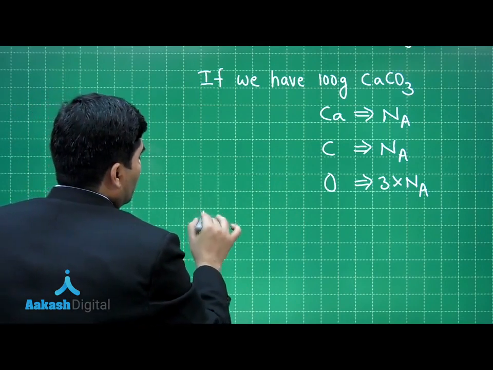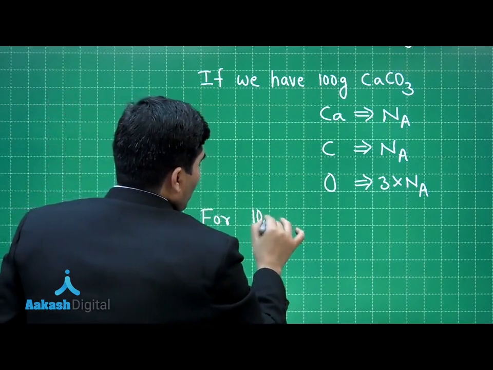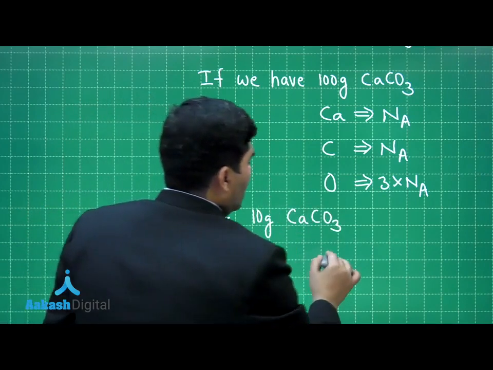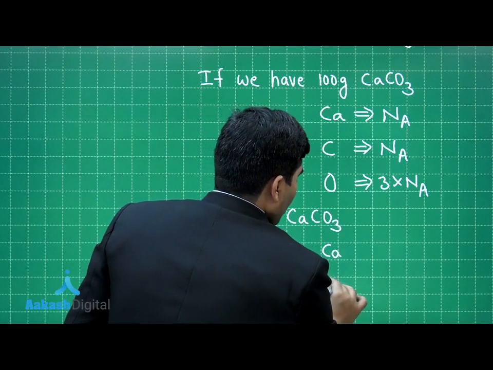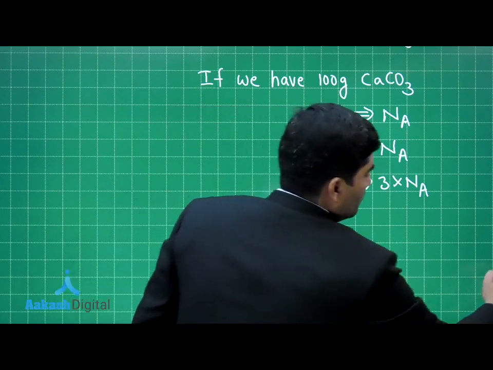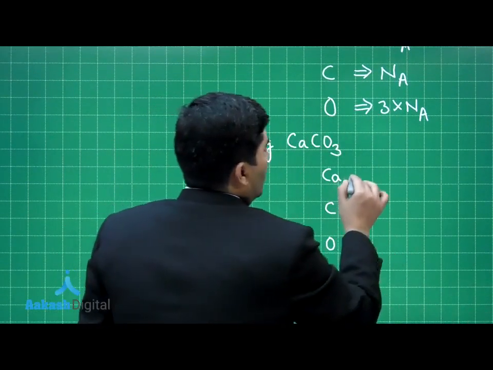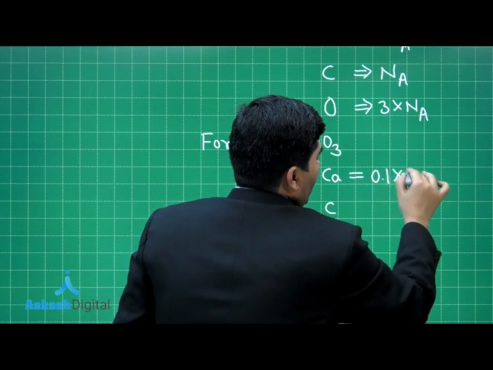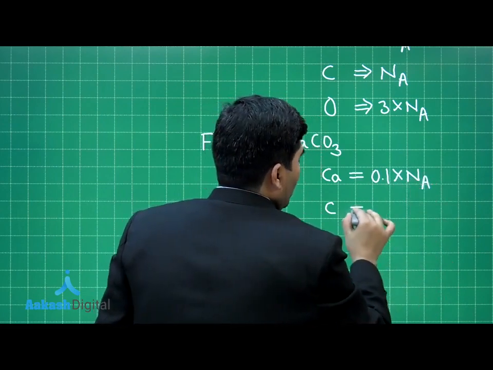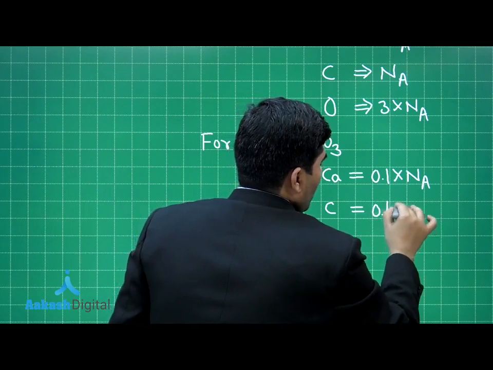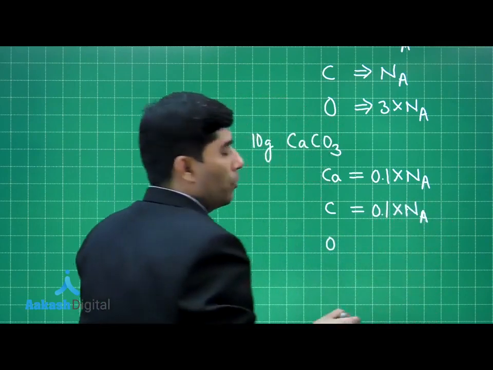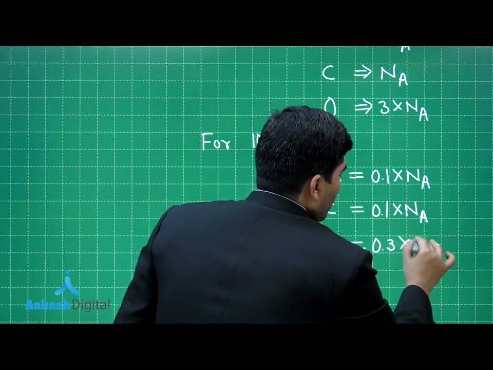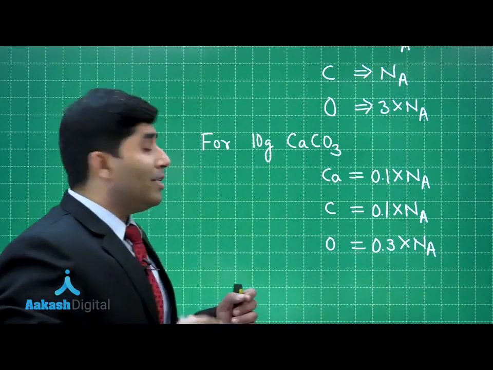Therefore for 10 gram of calcium carbonate, again calcium, carbon and oxygen, the number will be equal to 0.1 into Na, 0.1 into Na again, and 0.3 into Na. So guys, this is the final answer of this question.